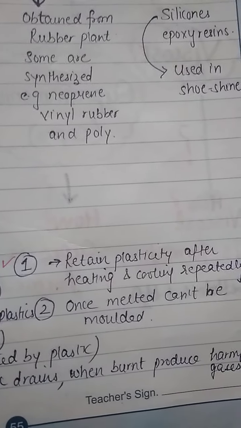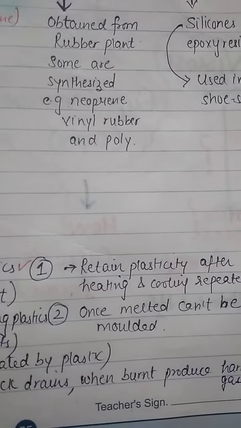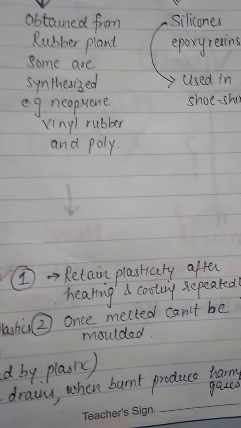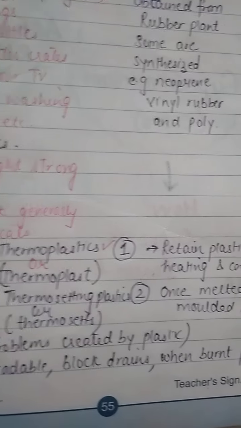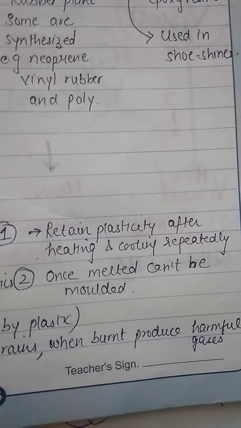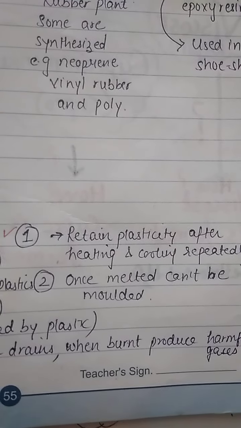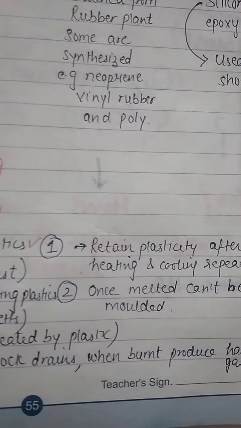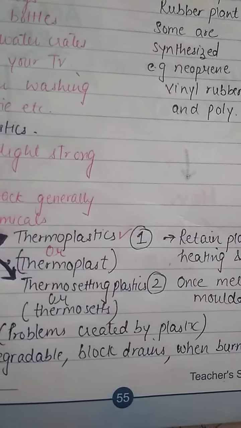So the plastics which can retain their plasticity and can be molded again and again are called thermoplastics. And the second one is thermosetting plastics. These are the plastics which once we melt with the help of heat, can't be molded, they can't gain a shape again. So this is the difference between the thermoplastics and the thermosetting plastics.